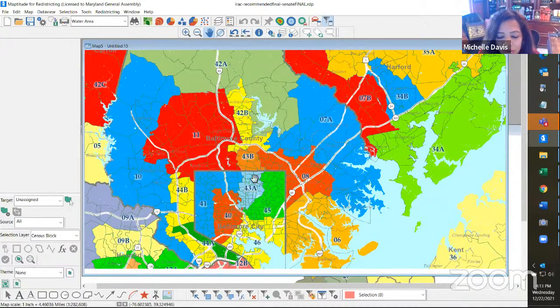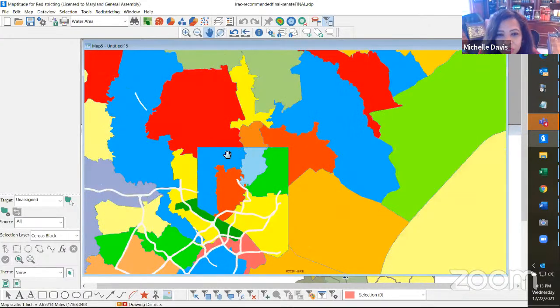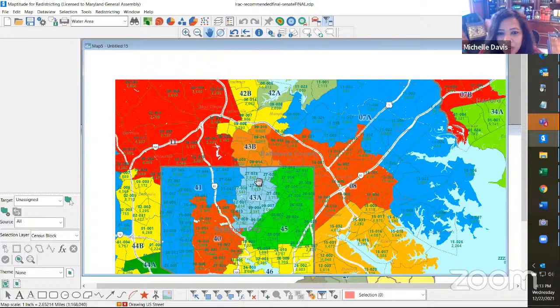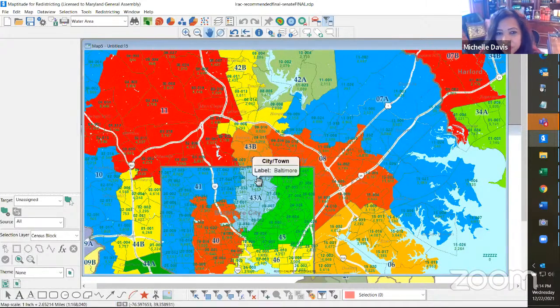The 43A portion, of course, is in Baltimore City, and that's one of the primary reasons for having sub-districts in Maryland, to have a Senate district that might span into two different counties. That is a way to help with representation issues with the political subdivisions.